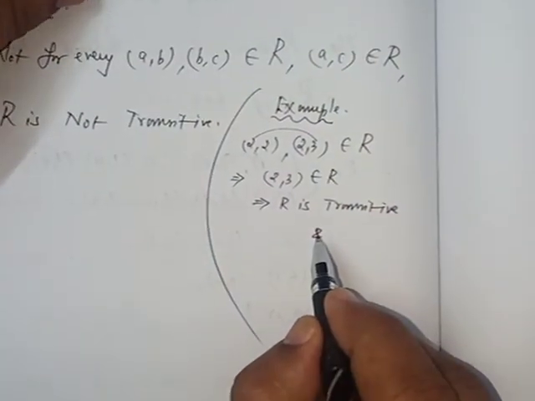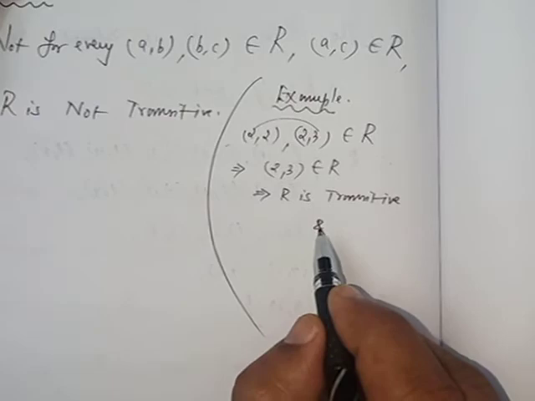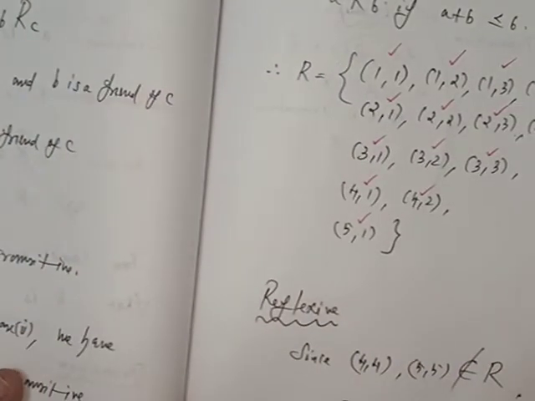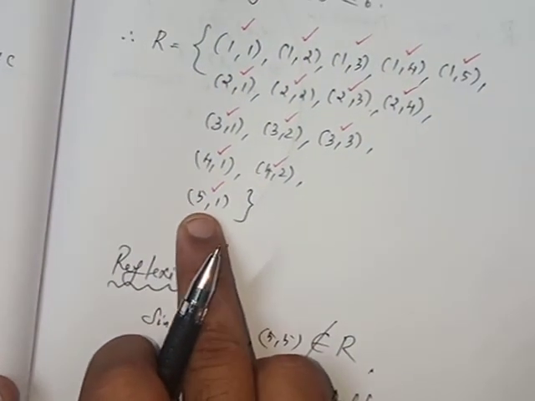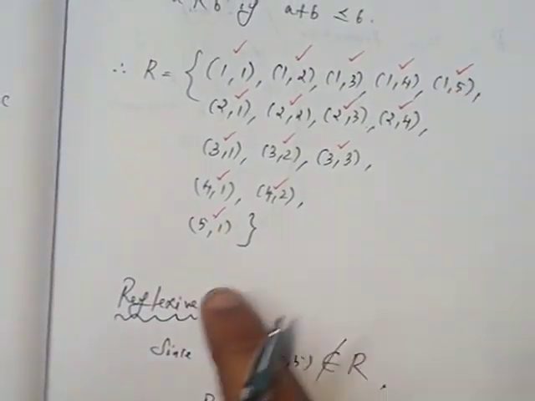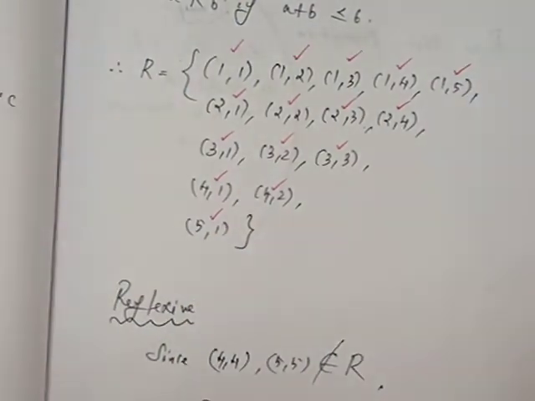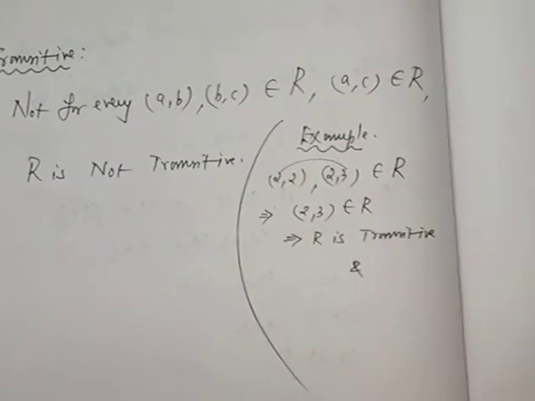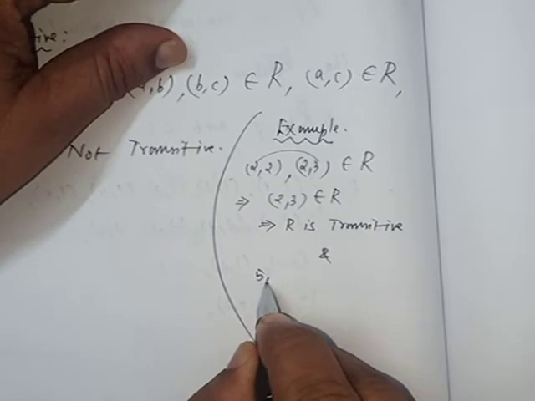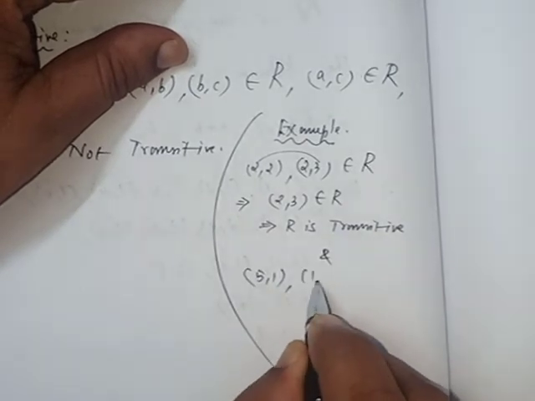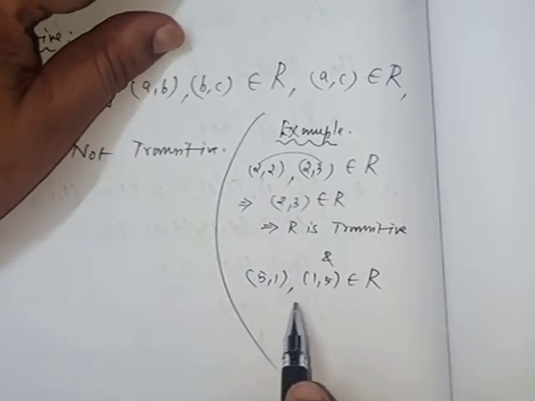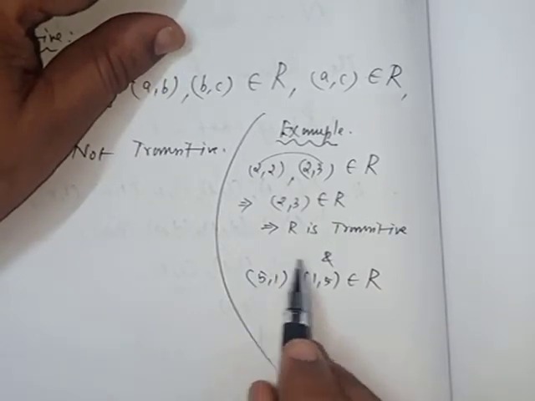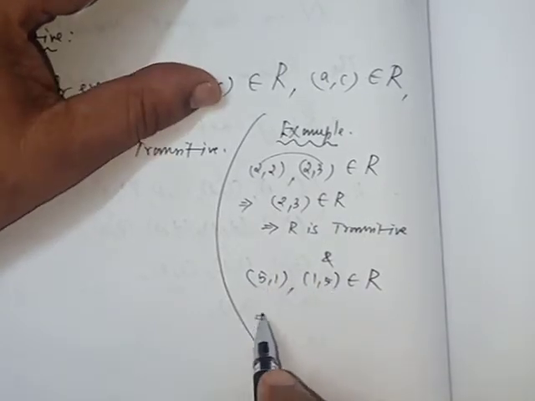And I give an example for not transitive. Suppose I take 5 comma 1 and 1 comma 5. 5 comma 1 and 1 comma 5 both belong to R. Continuity is there. Now what's the result? 5 comma 5.